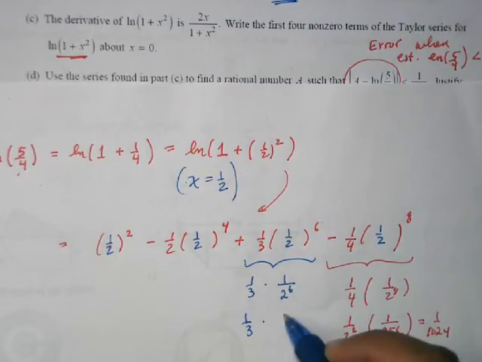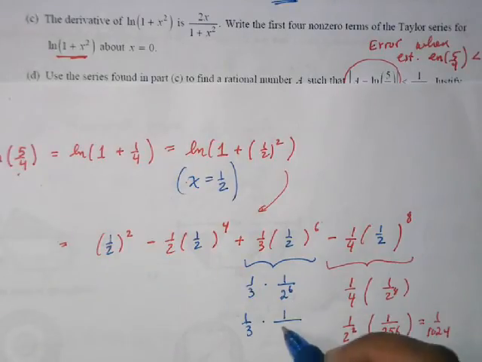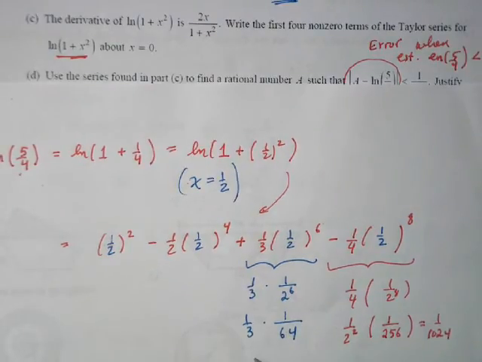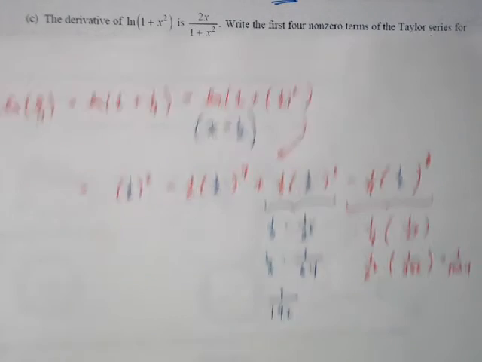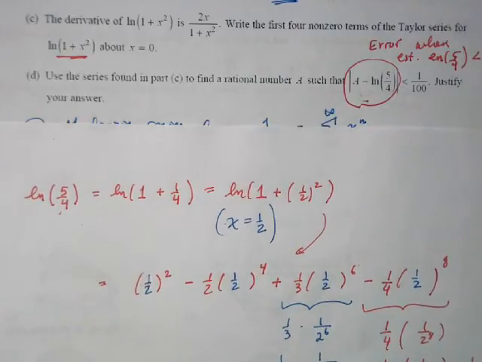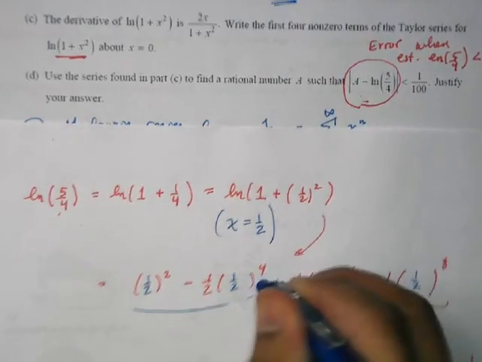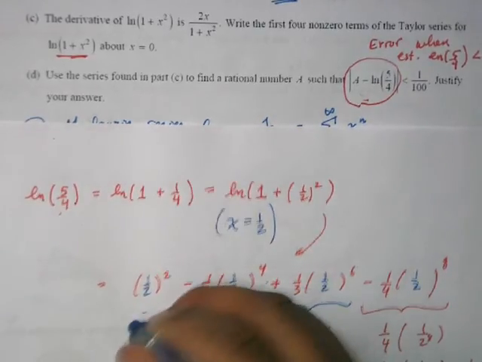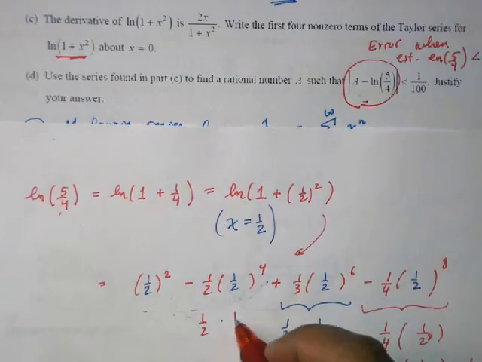This is 1/3 times 1/2 to the 6th. Now 1/2 to the 6th is 2 times 2 times 2 times 2, 6 times, so that's 64. So this will give us 1/192, which is definitely smaller than 1/100. Let me do one more for you.